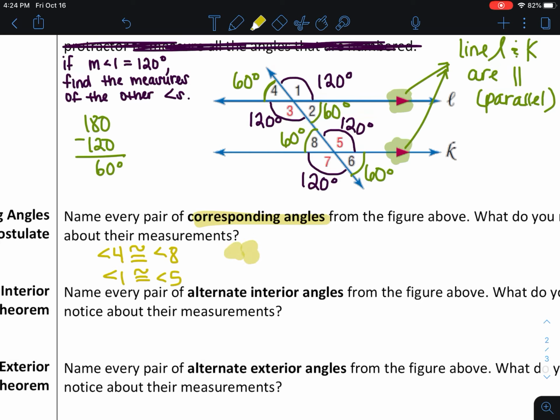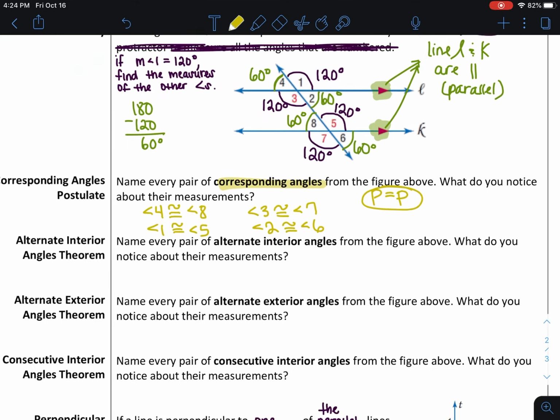So angle 3 and angle 7 are congruent. And then we see that angle 2 and angle 6 are corresponding, which means they are also congruent. Okay, so those are all the corresponding angles, and corresponding angles are congruent when you're talking about parallel lines. So I'm just going to put that there.